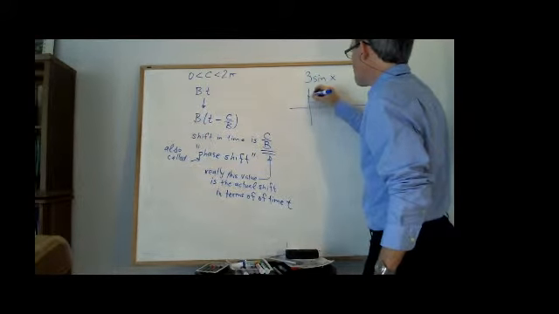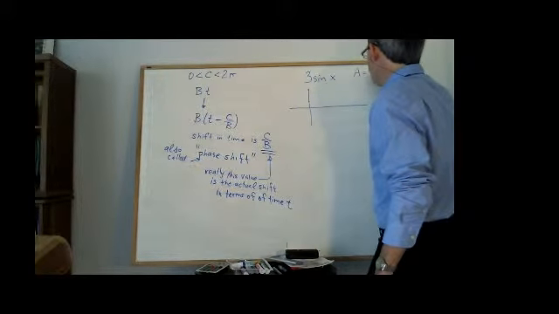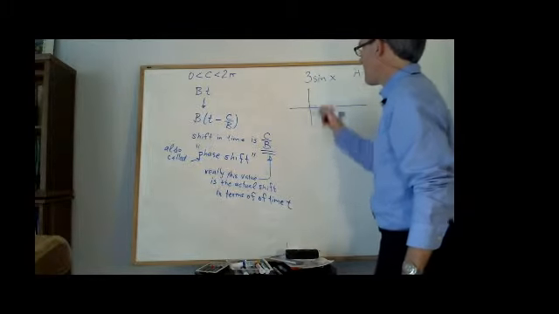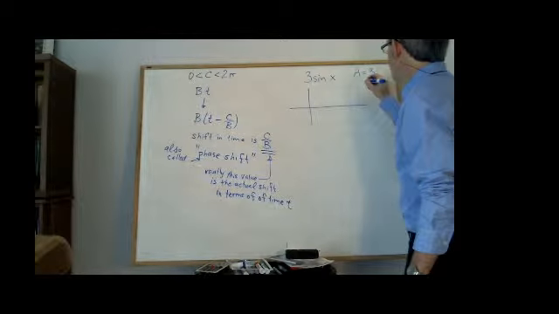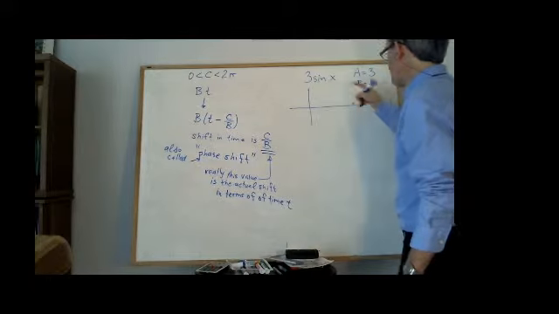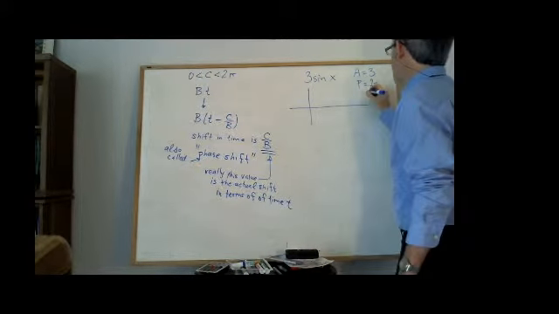So instead of an amplitude of 1, it's 3. So it's just the absolute value of this multiplier in front of the sine function. The period is just 2 pi divided by 1, or still 2 pi, so that has not changed. And the phase shift is 0. The time shift is 0, really.